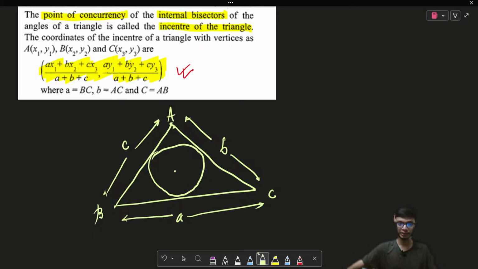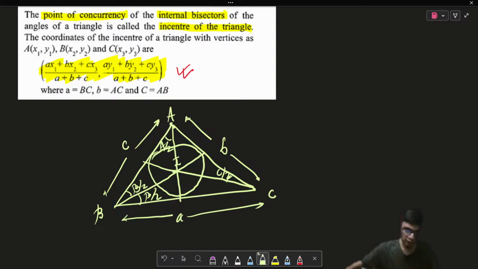Also, it lies on the angle bisectors. So if I draw the angle bisectors of the three vertices, this particular angle is going to be B by 2, this one is A by 2, and this one is C by 2.